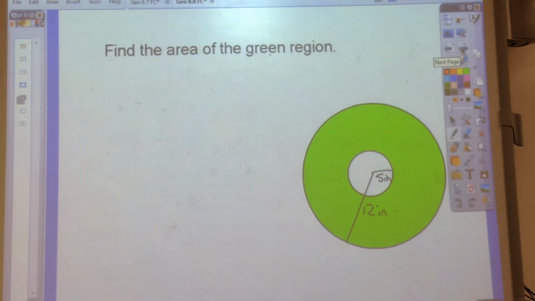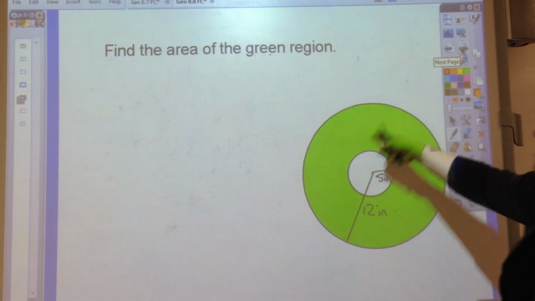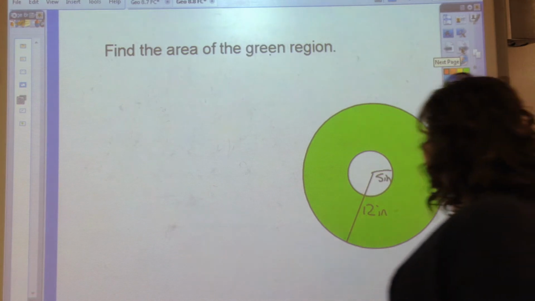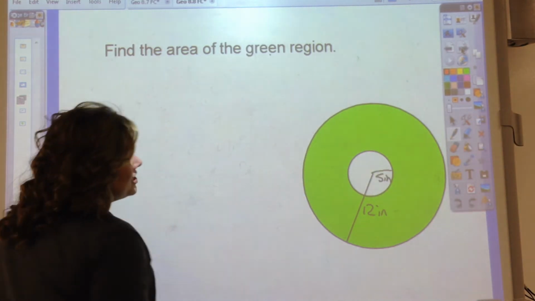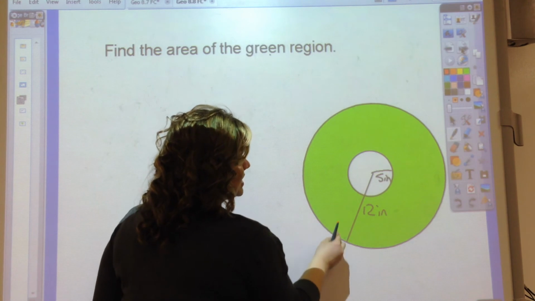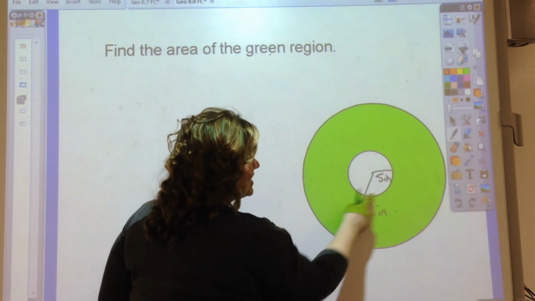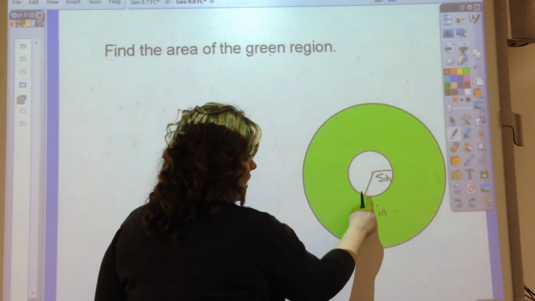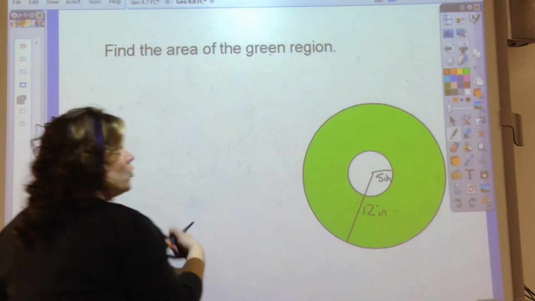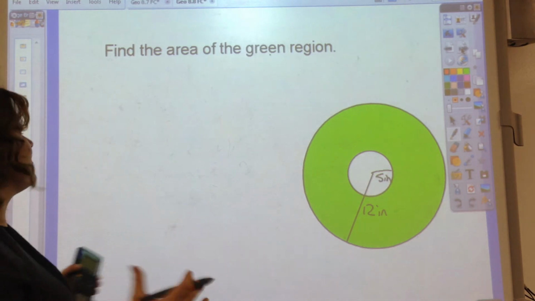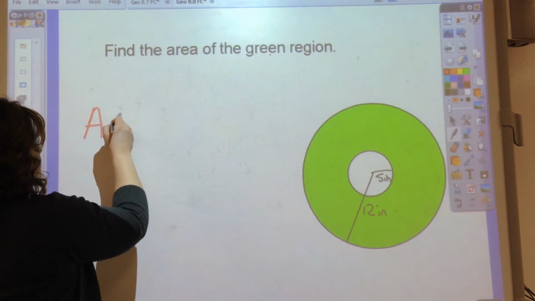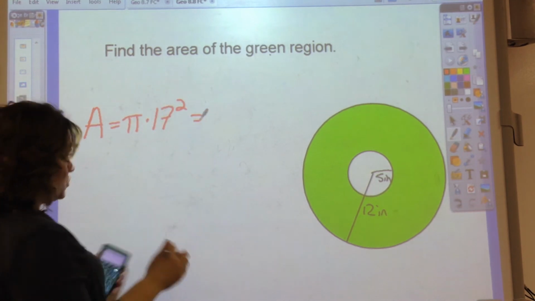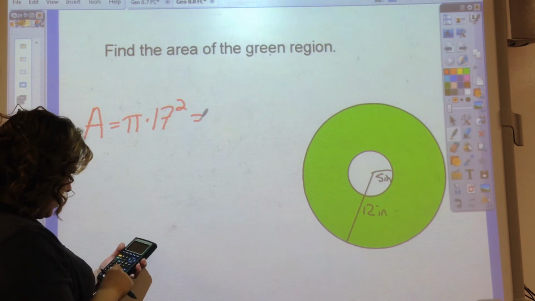All right, what if we want to find the area of the green region? Hopefully we got a little bit comfortable with this in our probability section. To find the area in the green region, I need to take the area of the entire circle minus the area of the little circle. So the area of the entire circle, if this radius is 5 and this length is 12, the radius of the entire circle would be 17. So I'm going to take the area equals pi times 17 squared. 17 squared, I believe, is 289.